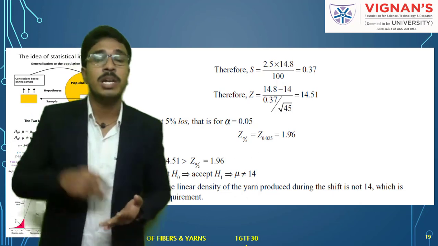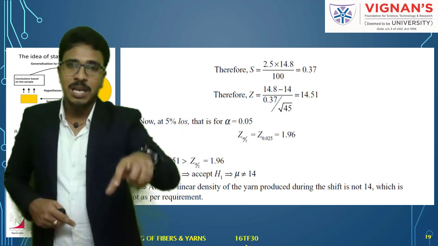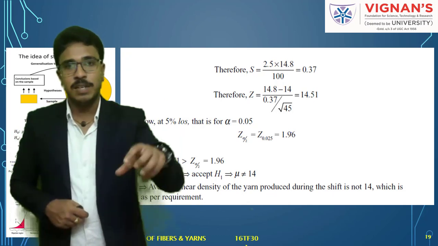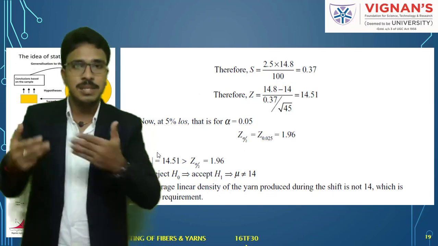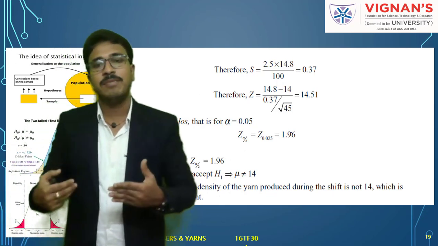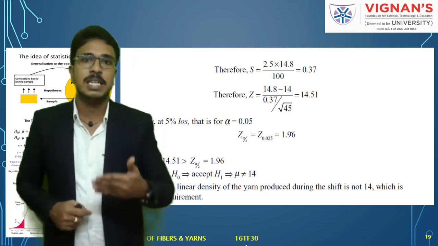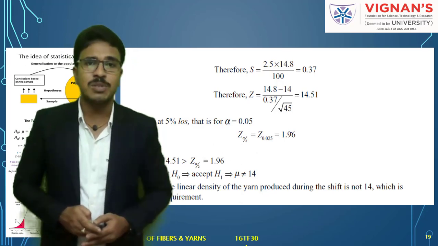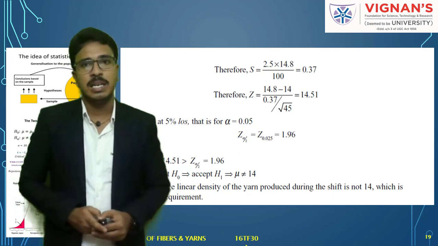So that means whatever yarn count you have produced in that shift is not 14. So this is our statistical inference after doing this hypothesis testing by using Z test. You have to understand this carefully.